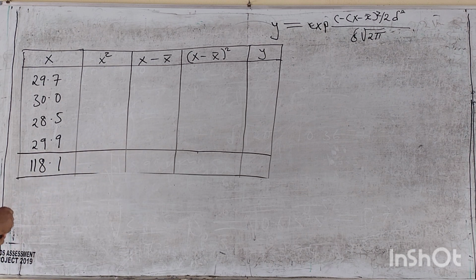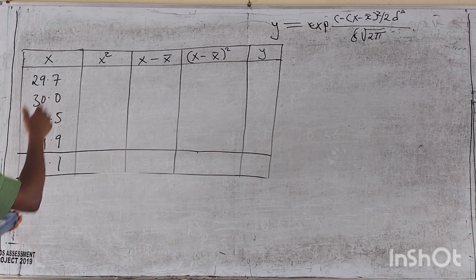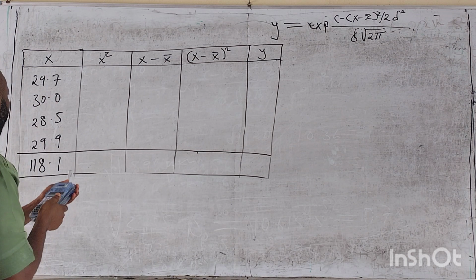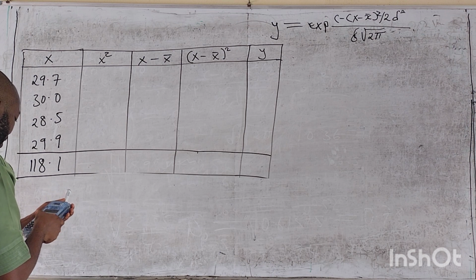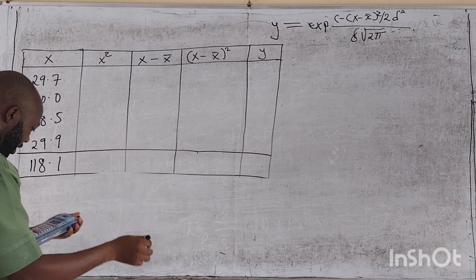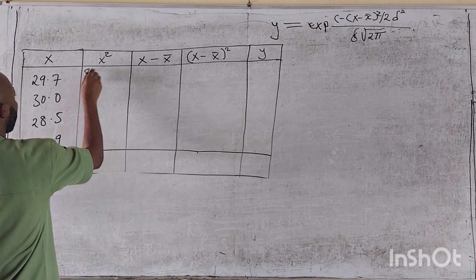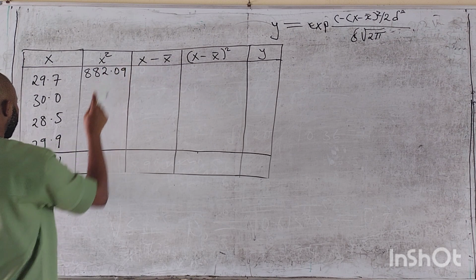This column will give me my standard deviation, so let's move up there. We have 29.7 squared, I have 882.09.